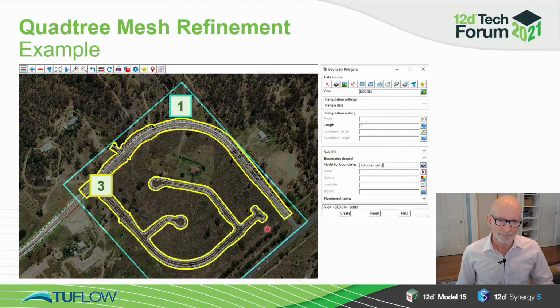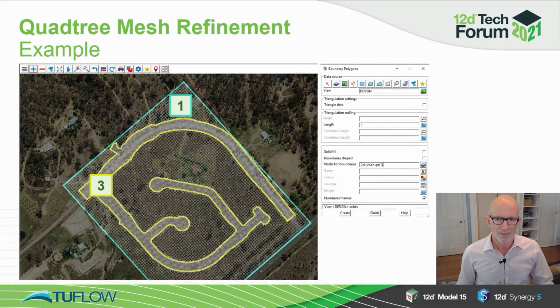Here's a little example. So we have a nice little proposed urban area on a greenfield site. We would like to get our roadways at a level 3, a couple of levels finer than our base level. So we just have the outer domain, which is the blue rectangle, so it's level 1, and then a polygon of the roadway, which is level 3. Digitize those in, and from that you can generate a mesh.